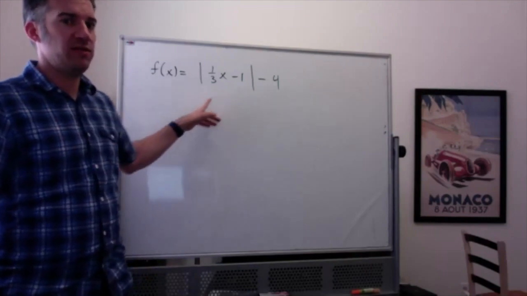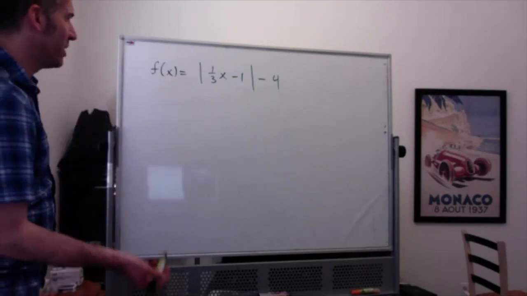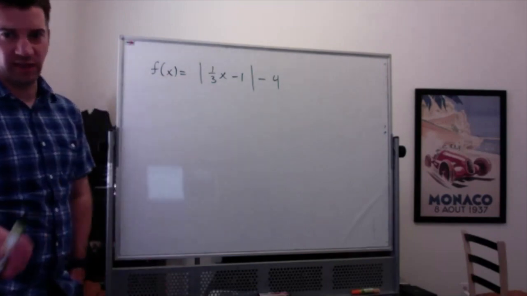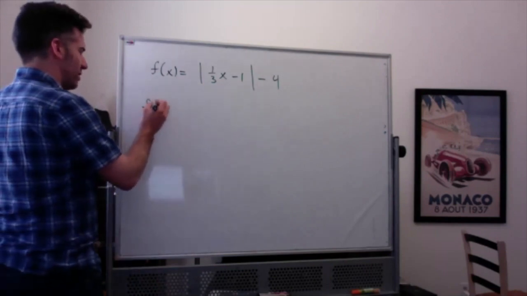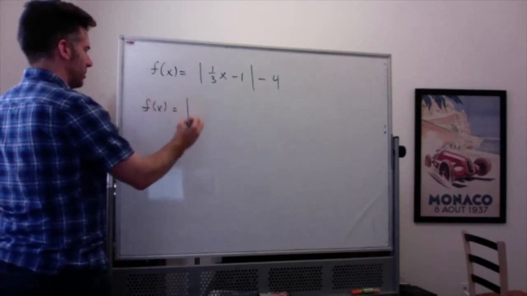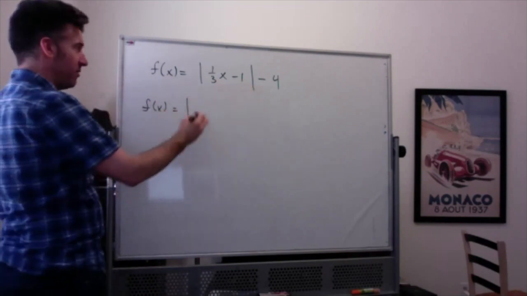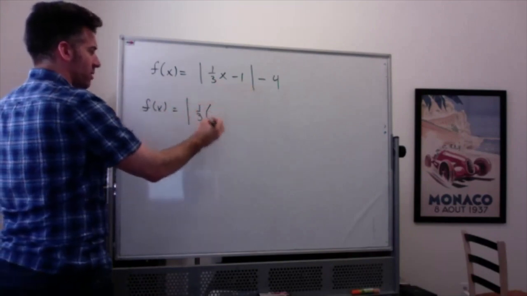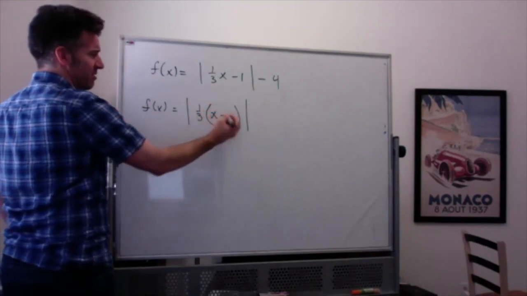And the stretch and the shift together mean we have to be a little extra careful. I need to rewrite this. So there's actually 2 ways of tackling this. One way is to rewrite it. I can totally rewrite this as the absolute value of factor out a 1/3 from here. If I factor out a 1/3, I'm left with x minus what?